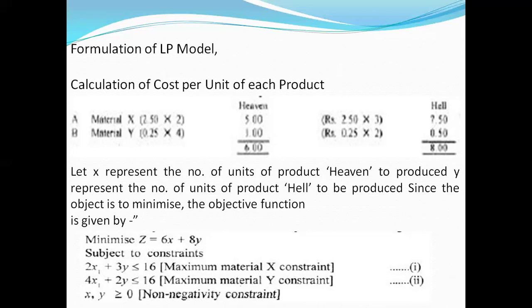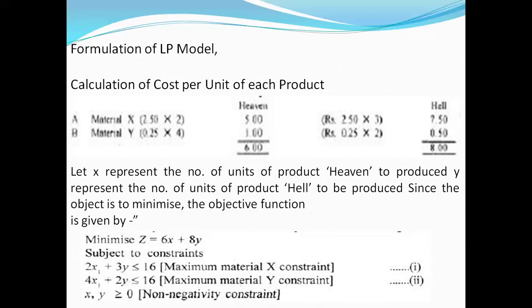To be produced, the objective is to minimize the objective function. So, minimization. Let us move on with the minimization, nothing but cost that needs to be reduced upon the bulk manufacturing as per the question given to us.